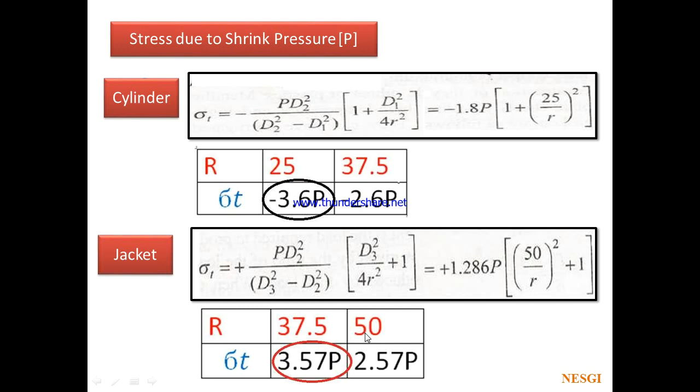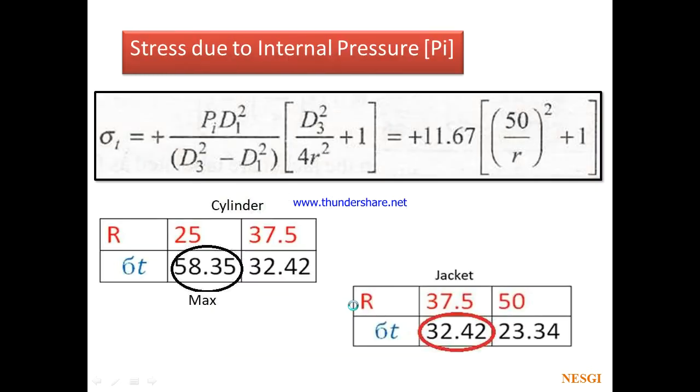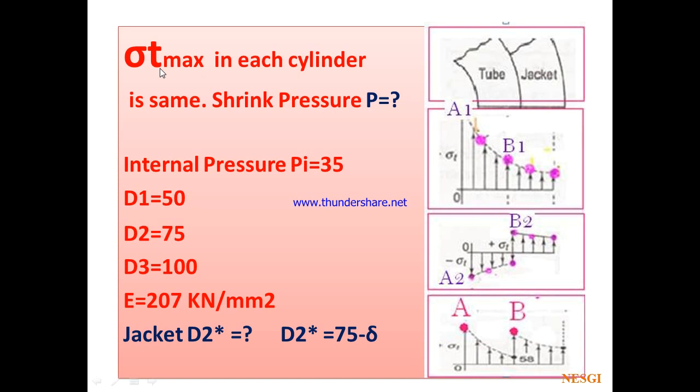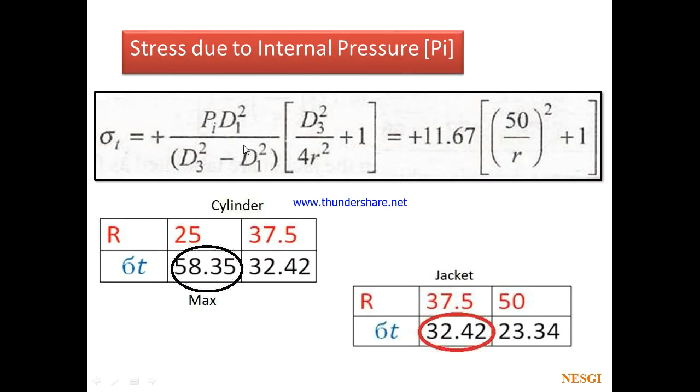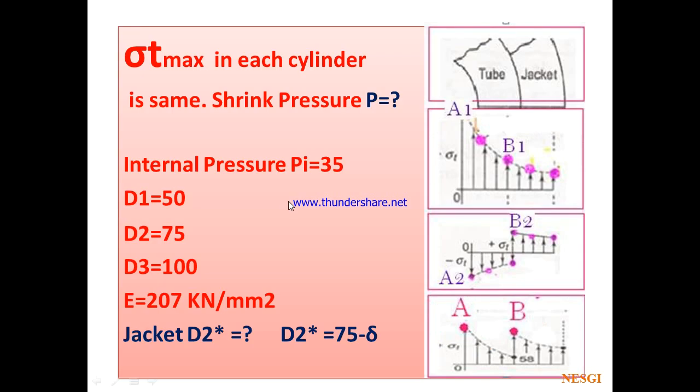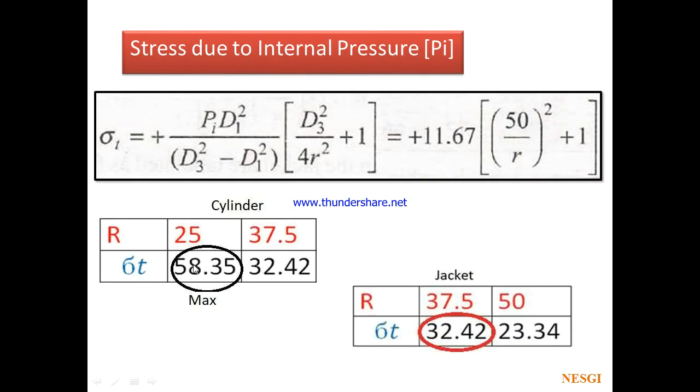So here in the problem, one important condition is given: maximum tangential stress in each cylinder is same. Maximum tangential stress in the cylinder is given by the resultant stress at the inner surface.